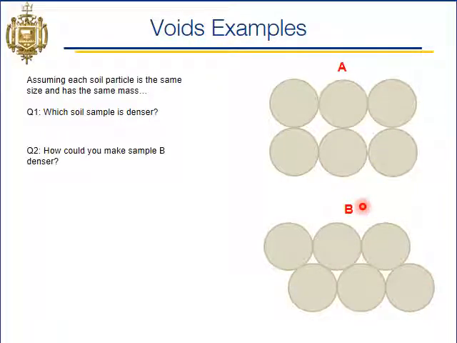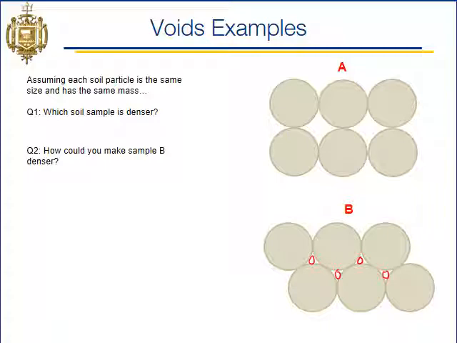All right, question 2, how can we make sample B even denser, right? So we can't compact these anymore, and we can't fit any more big particles in here. So this is about as good as it gets, unless of course we get smaller particles to fill the void spaces in B. So if we got some smaller particles, we could put those in the voids there, right? So that would make it more dense, right?